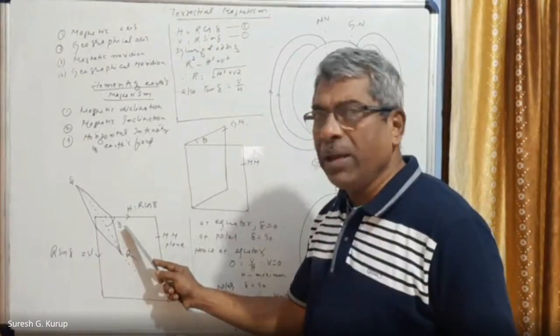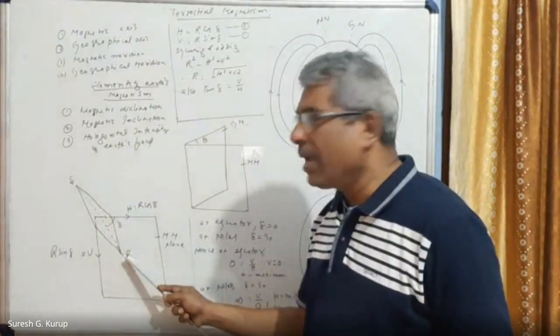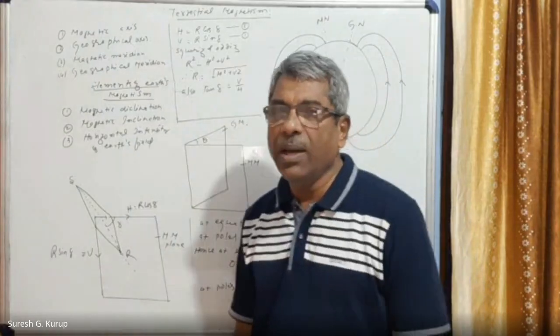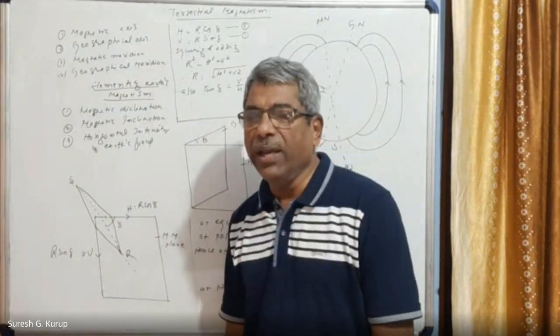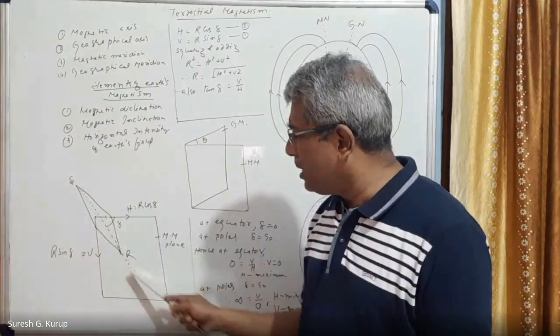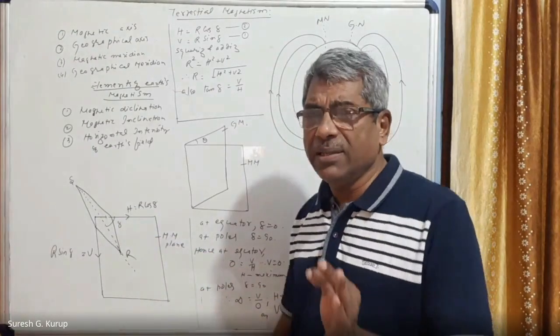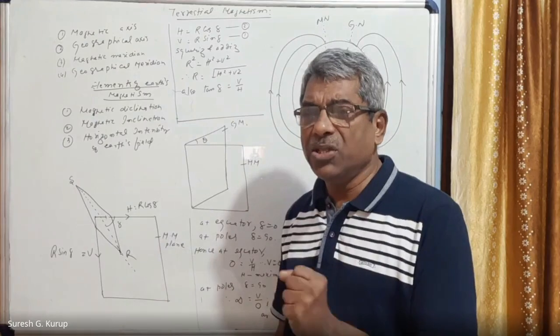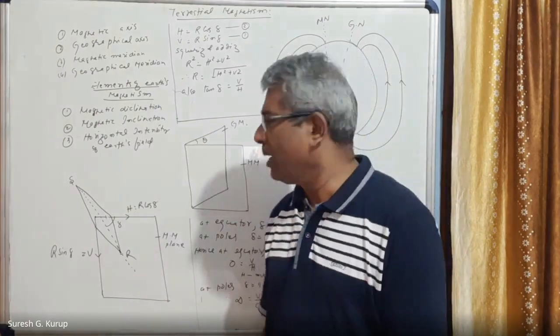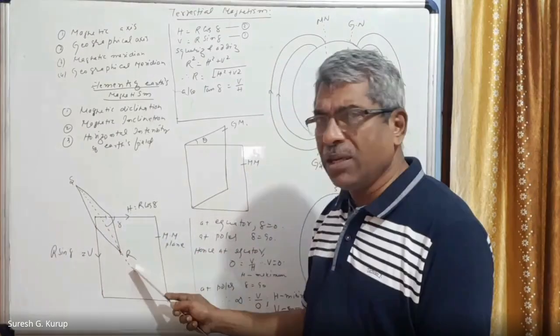And this angle made by the magnetic axis with the horizontal of the magnetic meridian plane is called the angle of inclination, or sometimes the angle of dip. Am I correct? The magnet is standing in the direction of the total magnetic field of the Earth. The magnetic needle is standing at this position.